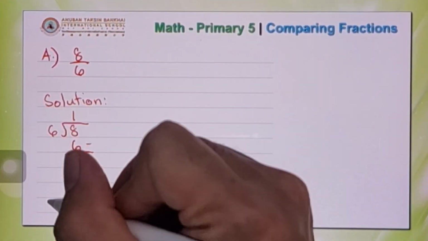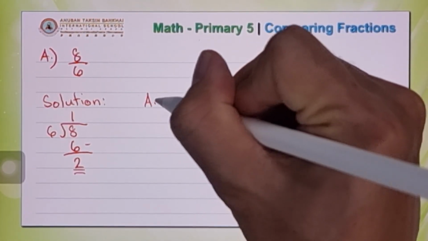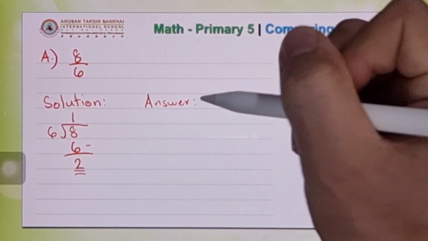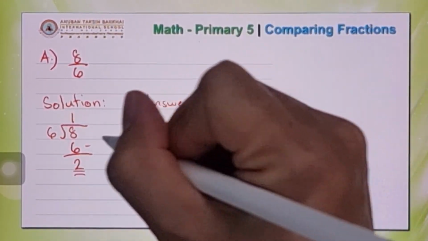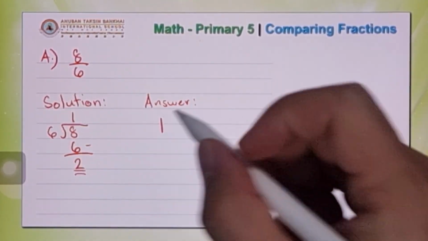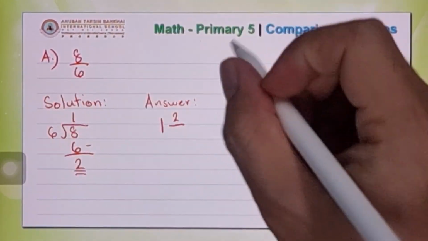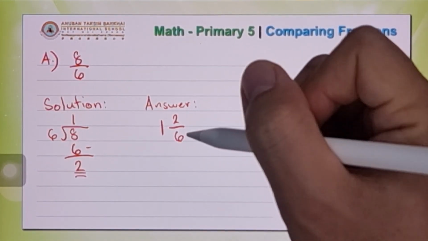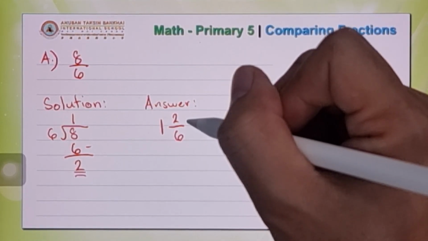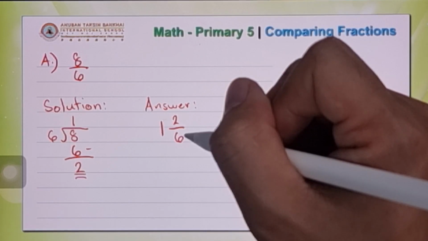Now, what is our answer? I'll just write here. Our answer will be what? We have 1, this is our quotient. Our remainder is 2, and our denominator is 6. Now, take note that 2 and 6 are divisible by 2.